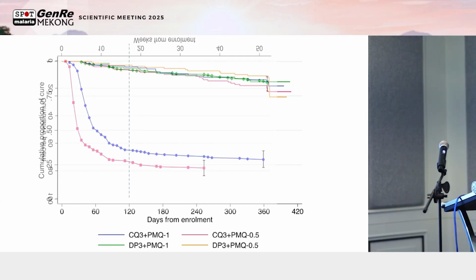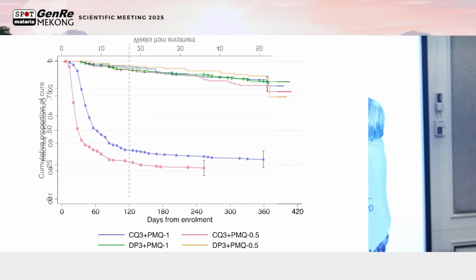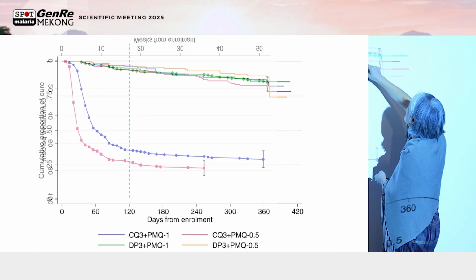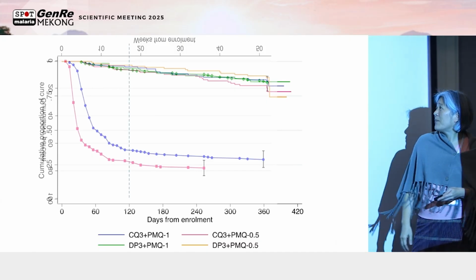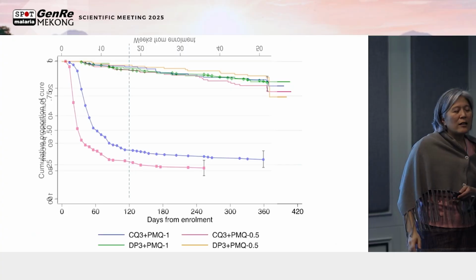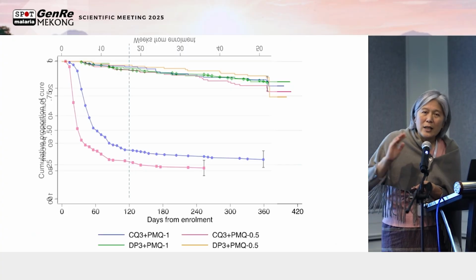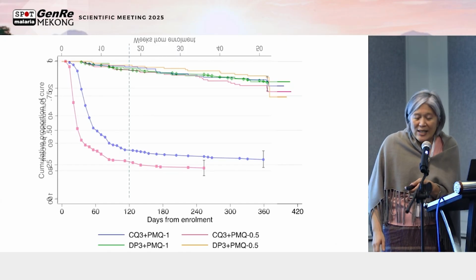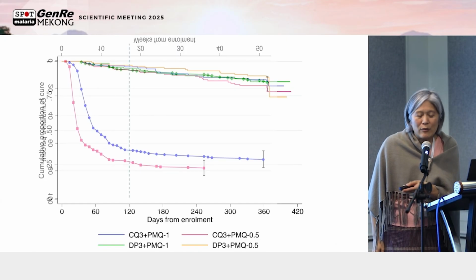This is the artesunate chloroquine, and the primaquine arm is around here. So you can clearly see that study number 1 and study number 2, when we give primaquine, have about the same efficacy. Okay.